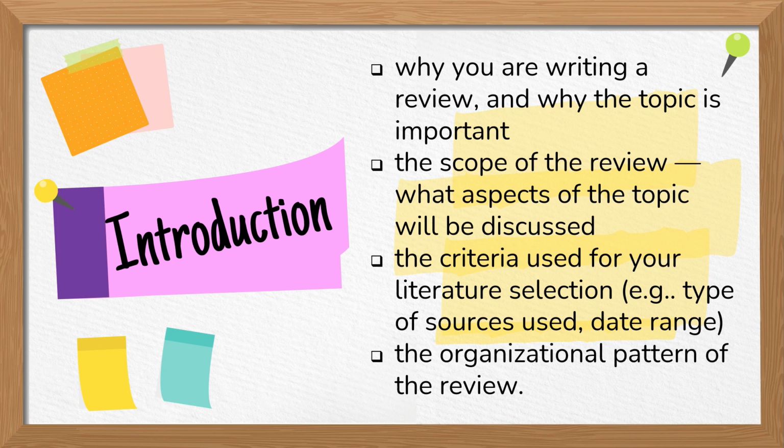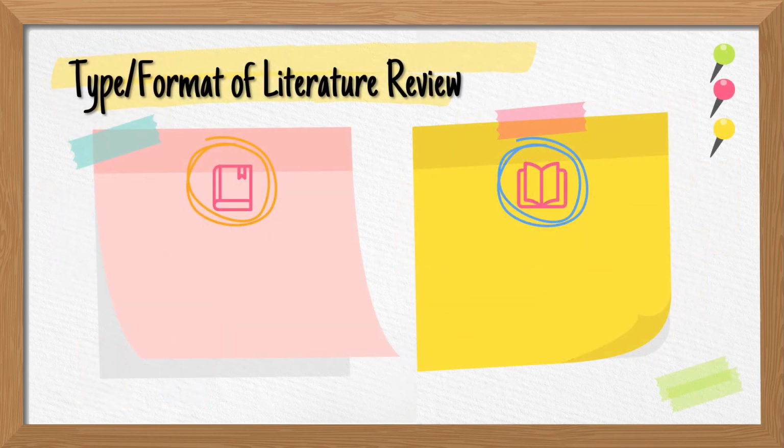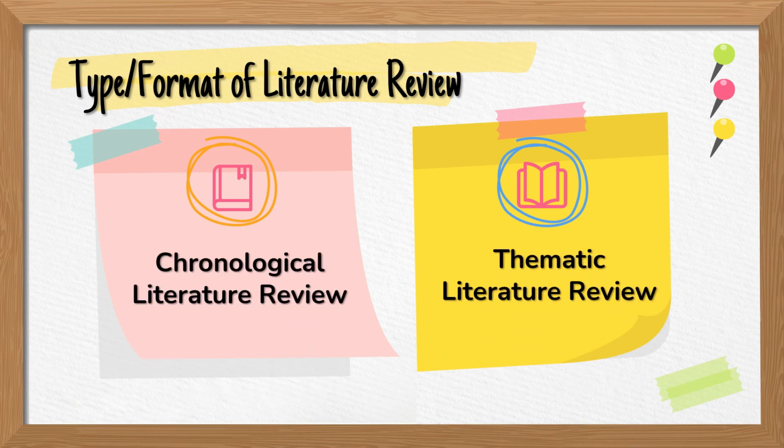Also, the organizational pattern of the review must be considered. After collecting the information from different sources, and even before writing your introduction, you have to decide on the structure of the literature review. It can either be a chronological or thematic literature review. When we say chronological literature review, the information is arranged sequentially in the progression of time.